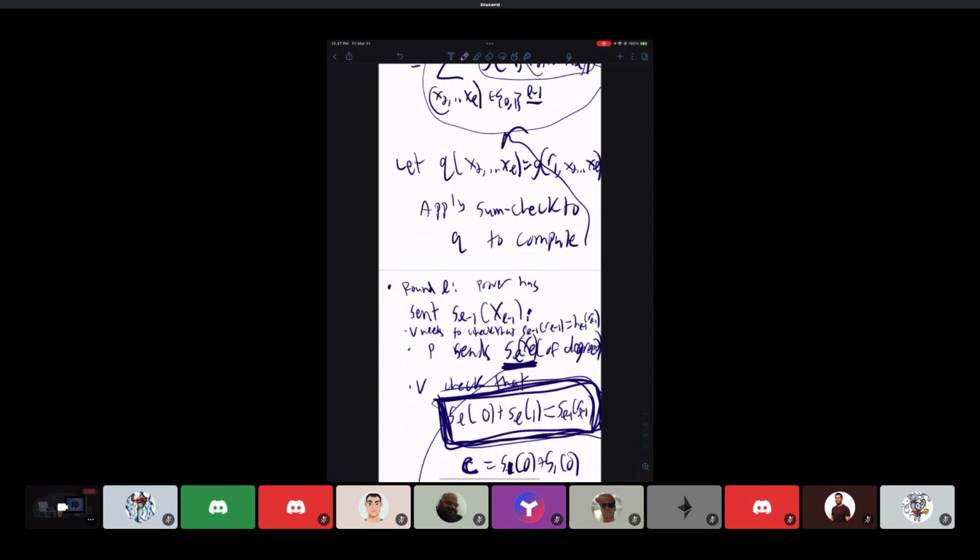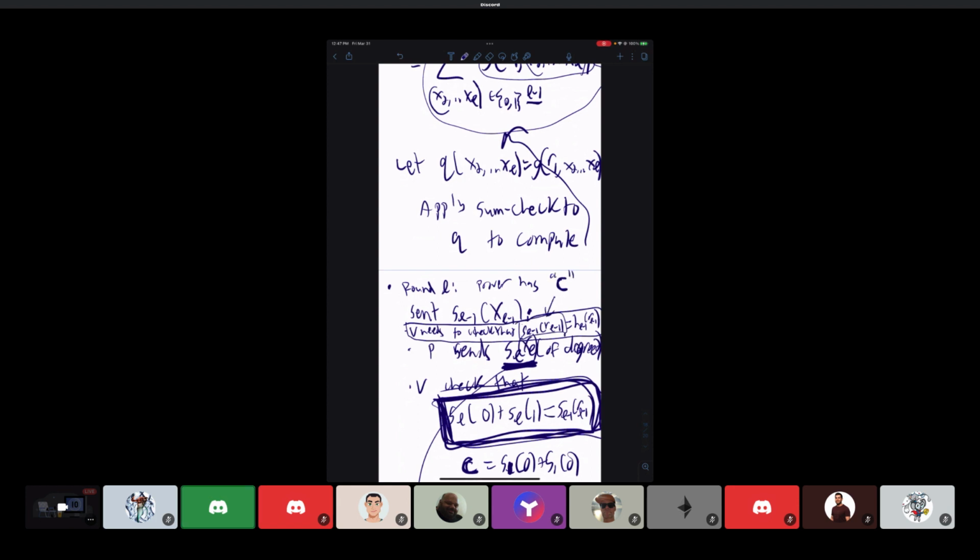That's the check that round L is devoted to. Conceptually, we're thinking of SL minus 1 of RL minus 1 as the claimed answer. So let me put that in quotes.